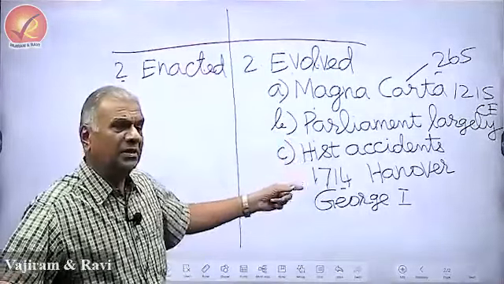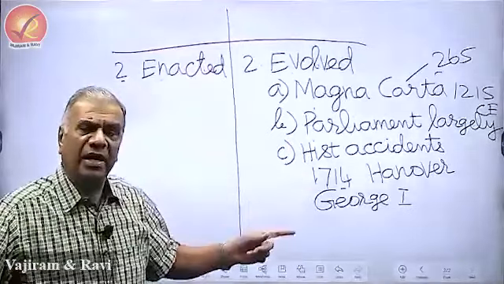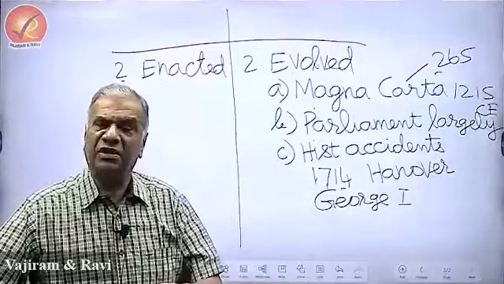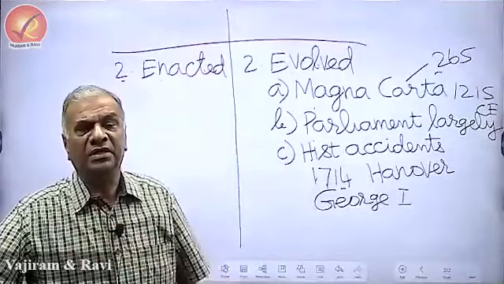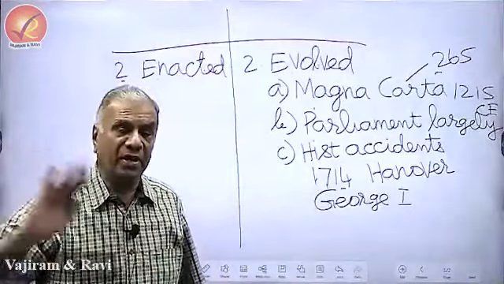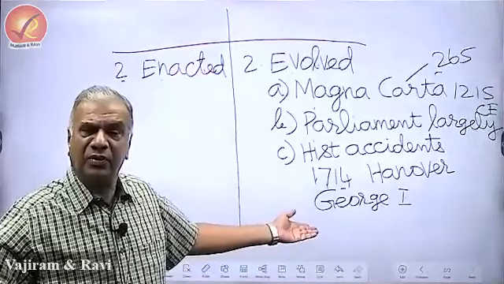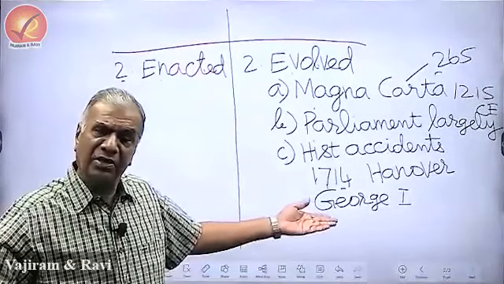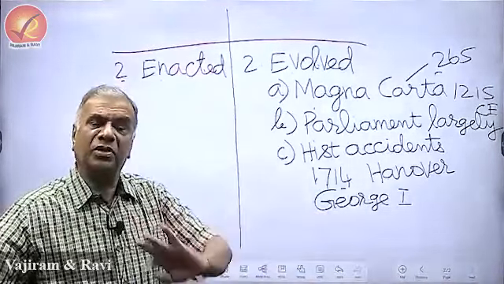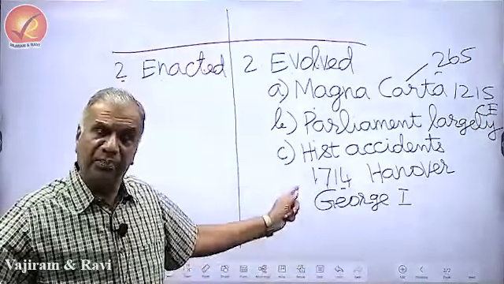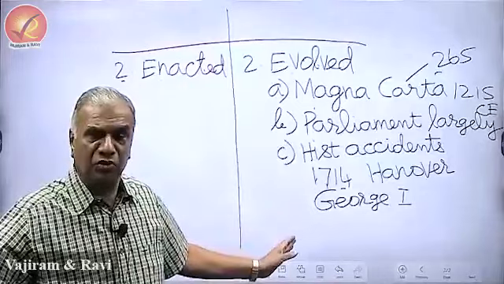And the head of the cabinet started communicating all the decisions of the cabinet to the parliament. So this is how the principle that the head of the cabinet is the prime minister, and the cabinet shall be accountable to the parliament, emerged under the British Constitution.